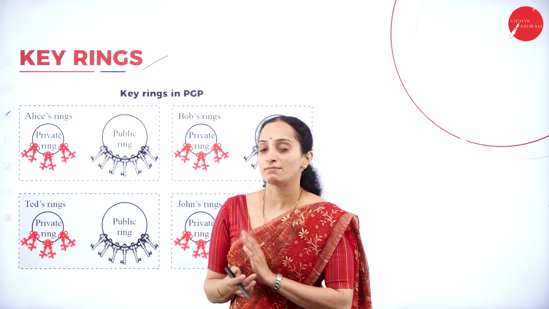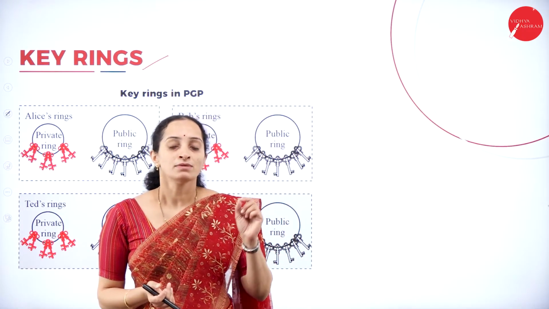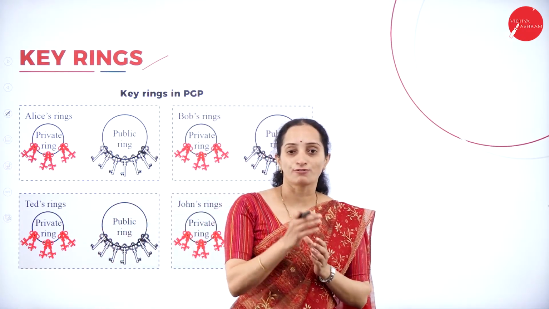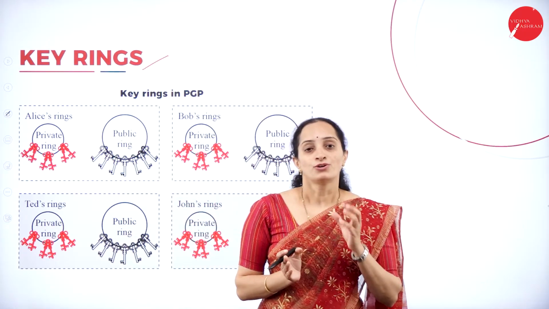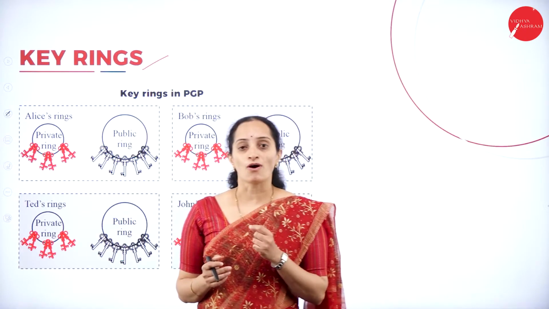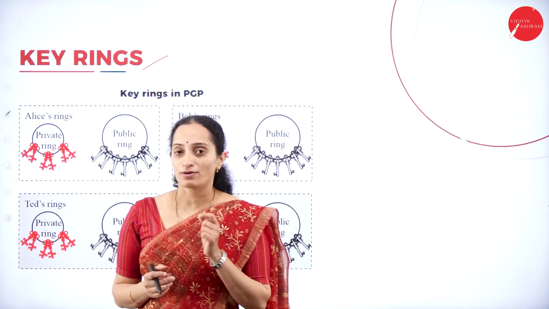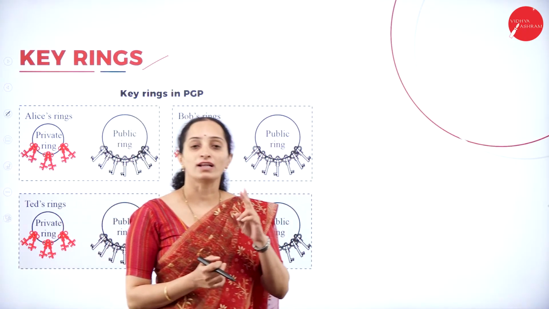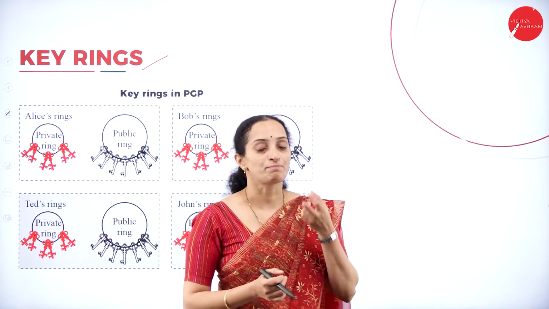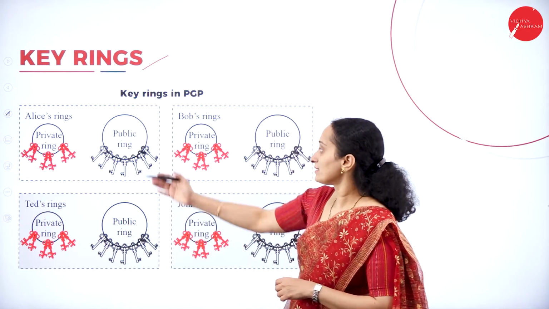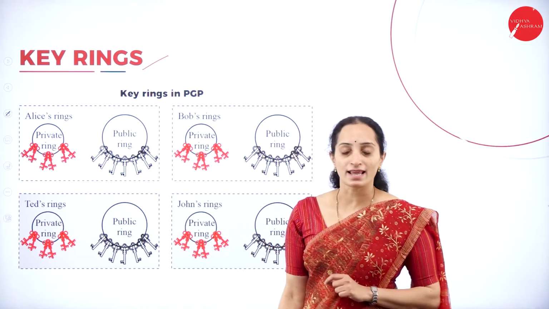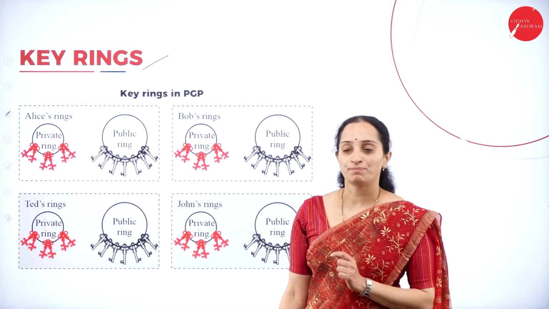Each time she cannot go on searching for the receiver's public key to send a message. So what a system will do is keep two rings: one is a private ring, another one is a public ring. That concept is known as key rings, provided by PGP.